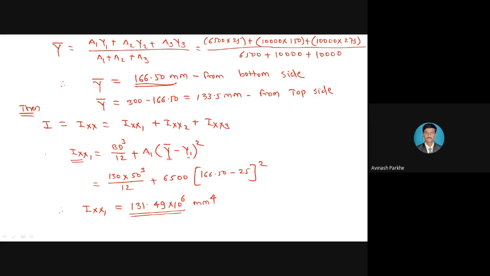Those who have calculated Ixx1 can calculate Ixx2 and Ixx3. So the Ixx1 formula is given, do the calculation. Similarly, Ixx2 is equal to capital B D cube by 12 plus A2 in bracket y bar minus y2 bracket square.